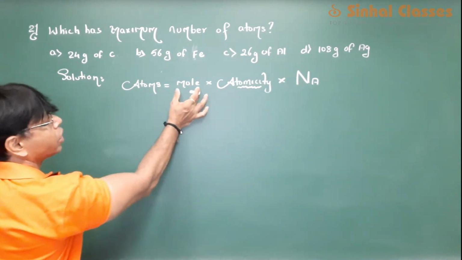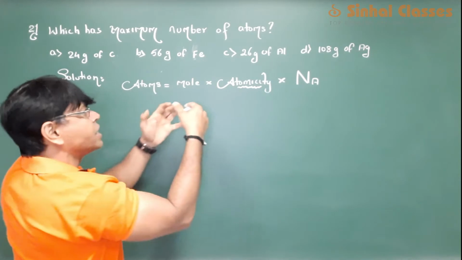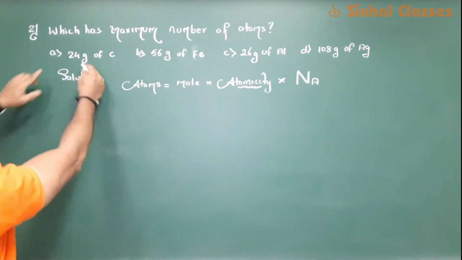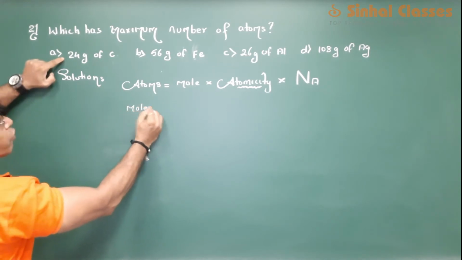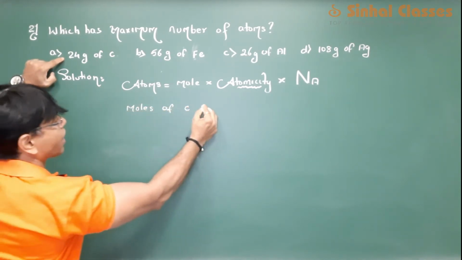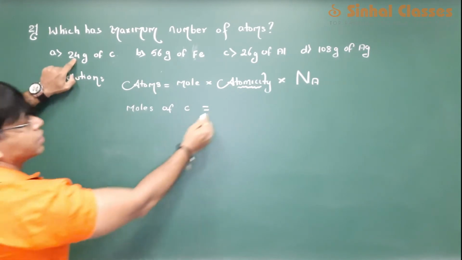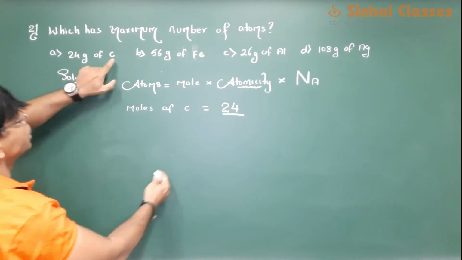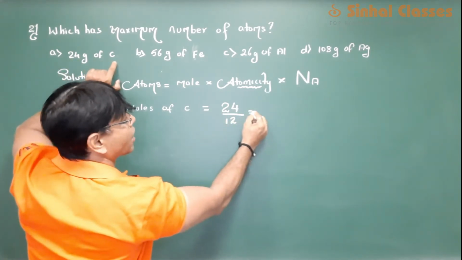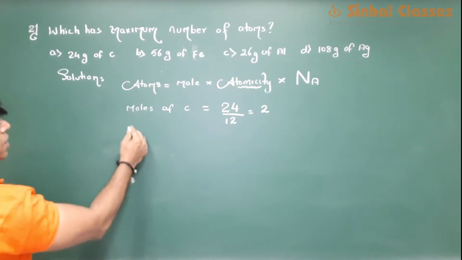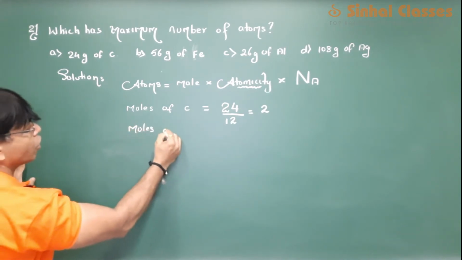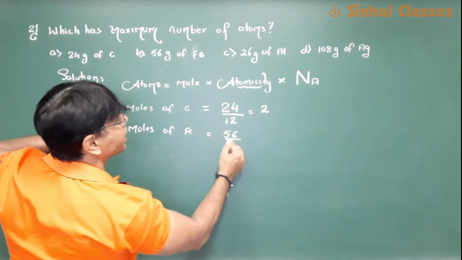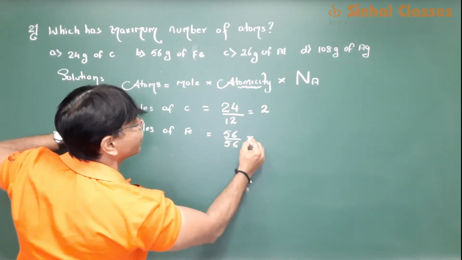Now it becomes so easy. Once you get the moles for all of them, whoever has more moles will have the maximum number of atoms. Let's take out the moles for carbon. Moles of carbon is the mass given divided by the atomic mass, 24 divided by 12, it is 2 moles. Similarly, moles of Fe will be 56 divided by 56, so it is 1.